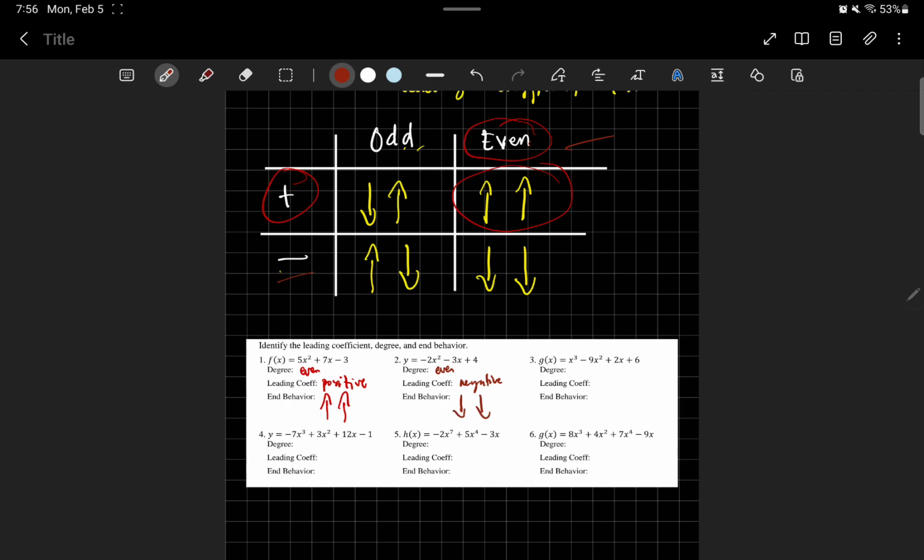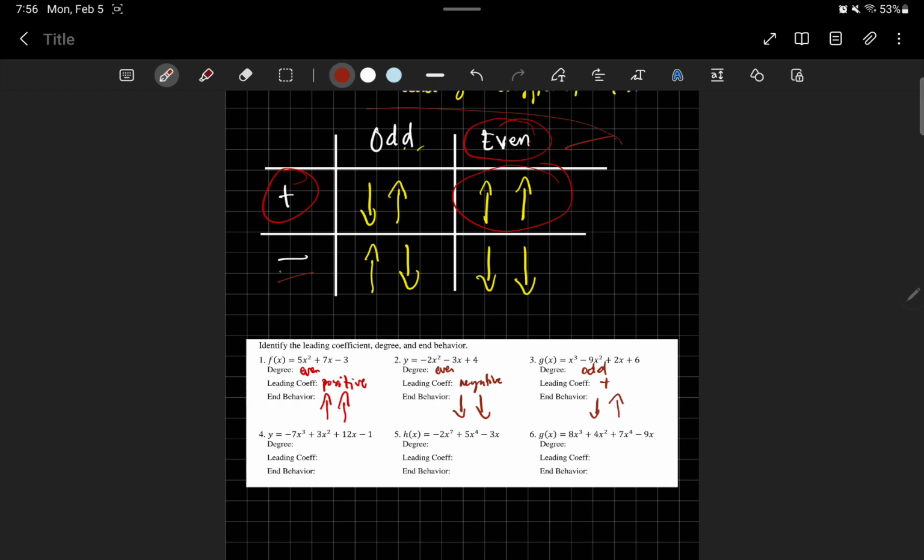Number 3, g of x is equal to x cubed minus 9x squared plus 2x plus 6. So, the degree is odd, obviously, since 3 to. Then, the leading coefficient is positive. Therefore, the end behavior is falling, rising.